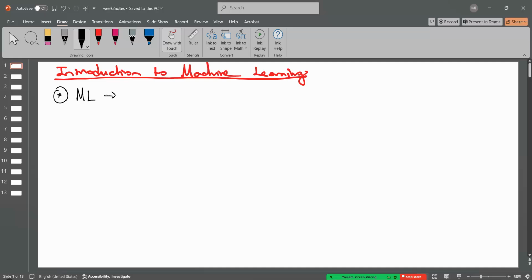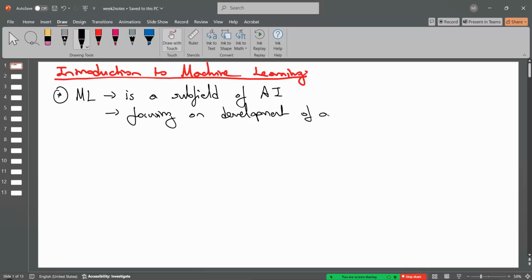Machine learning is a subfield of artificial intelligence, guys. Okay, and so this mainly focuses on the development of algorithms and models, which we use to classify or regress any data coming from the measurements.